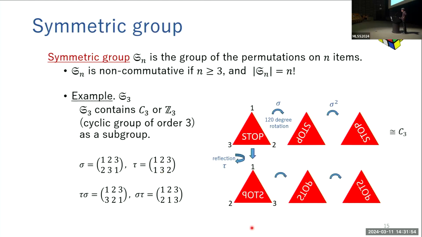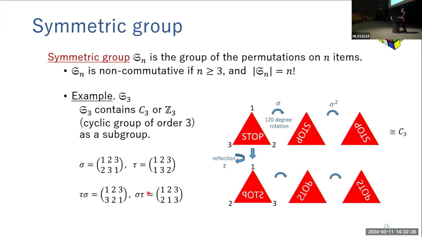You may see that this is a kind of reflection in 2-dimensional Euclidean space. And you can see that these 2 elements generate the group S3. You can get the 6 elements: after applying the reflection, we can also apply the rotation 2 times, and these 6 elements make S3.